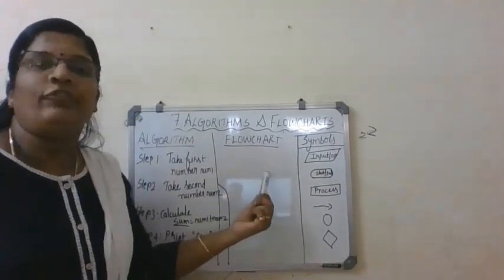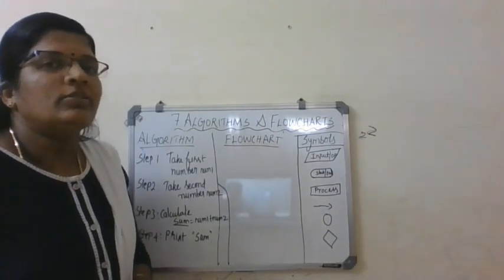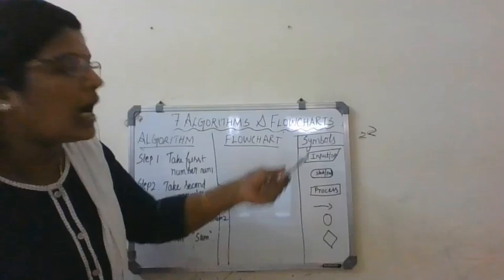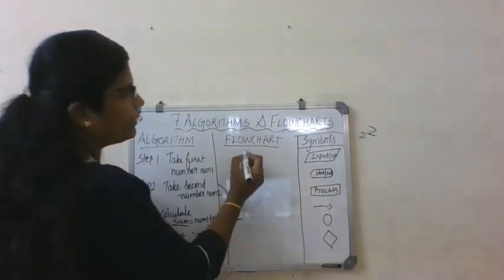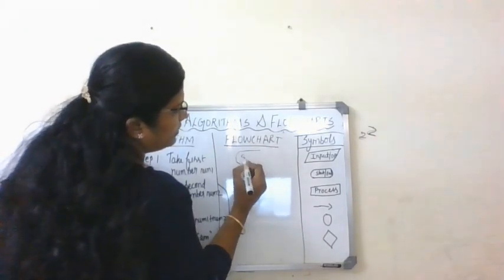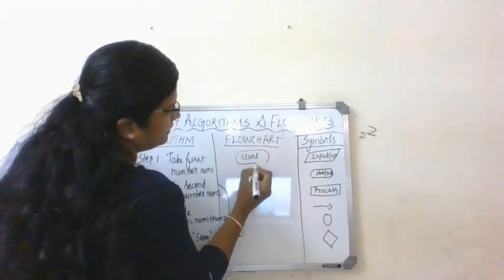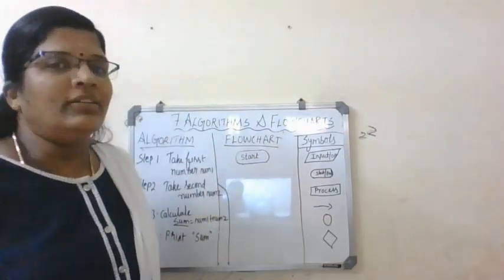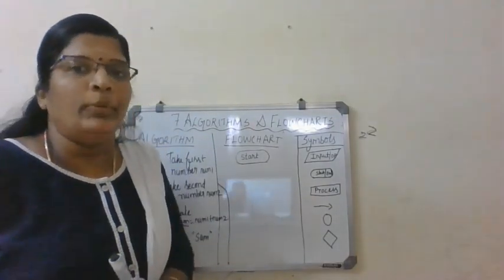Shall we do a flowchart for the same? Yes. So we have to start. Which box is useful to start the flowchart? You can see this one, right? Let me draw it here. Start. Okay, I started the flowchart. Then what is next? We have to take the input, right?